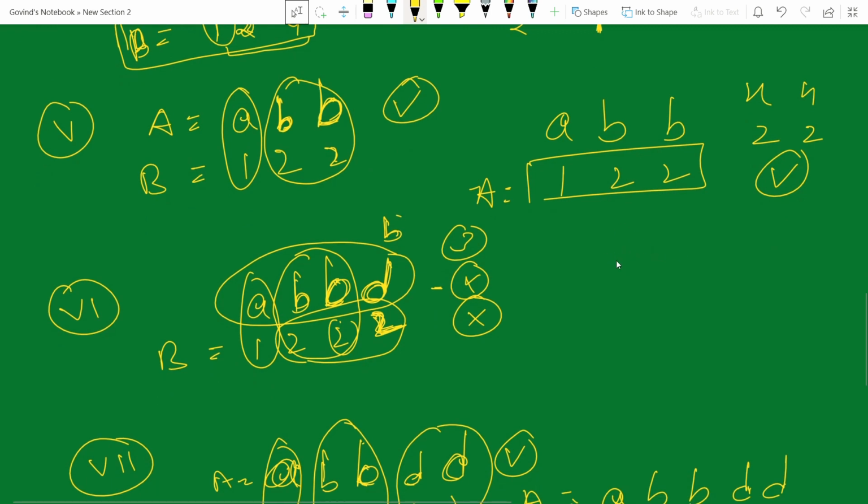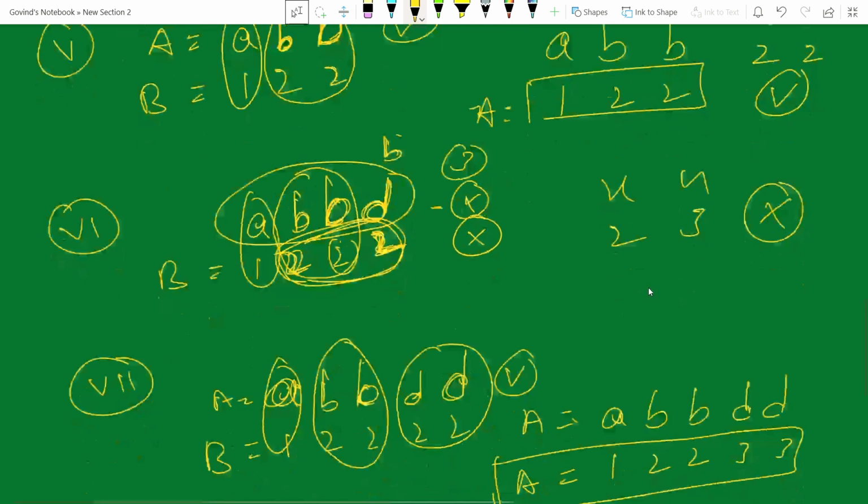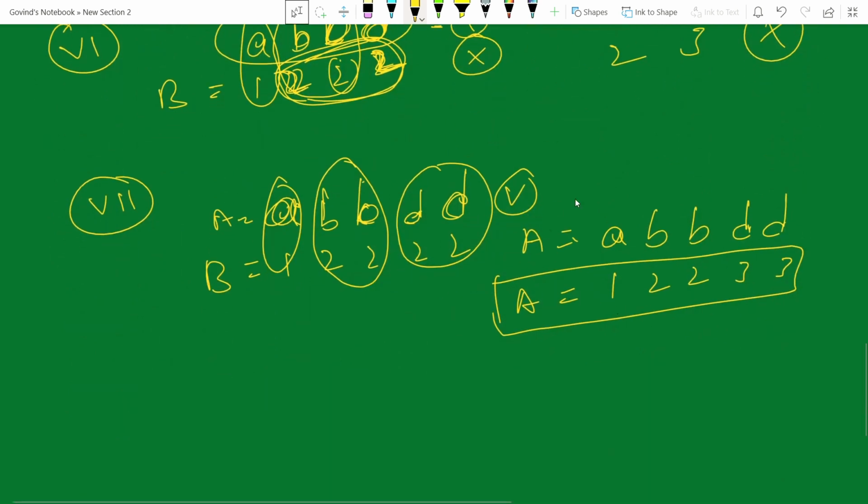Now let's see X and N. If X is again 2 in this array B, and it is occurring three times, this frequency is 3, 2 is coming three times. Here also it is not possible. Now here X is 2 and N is 4, and we see that yes, it is possible.